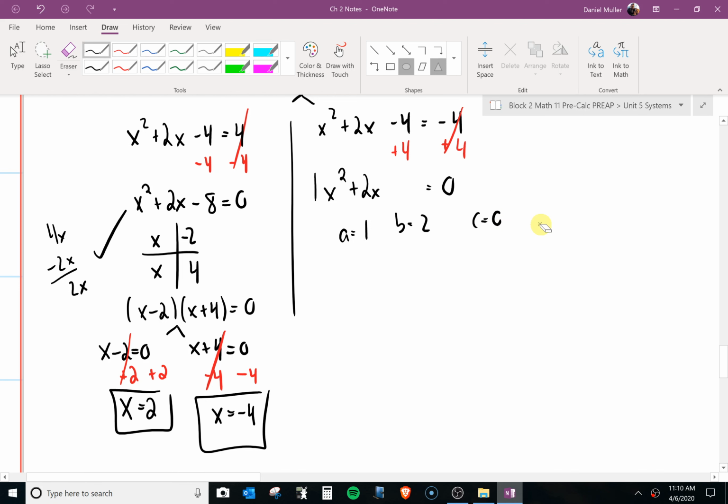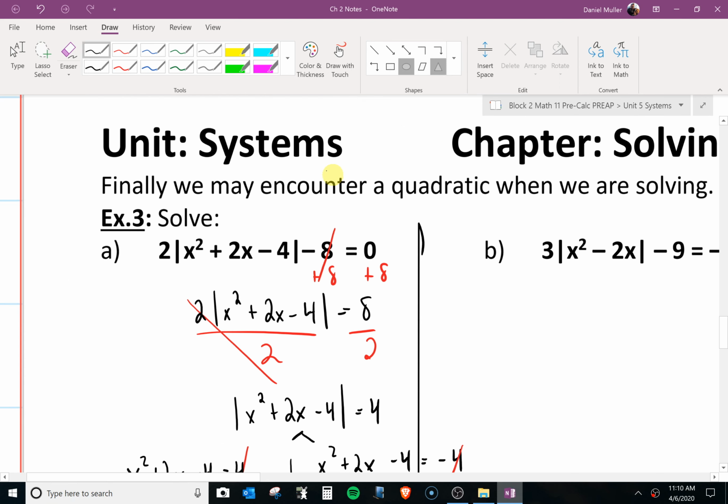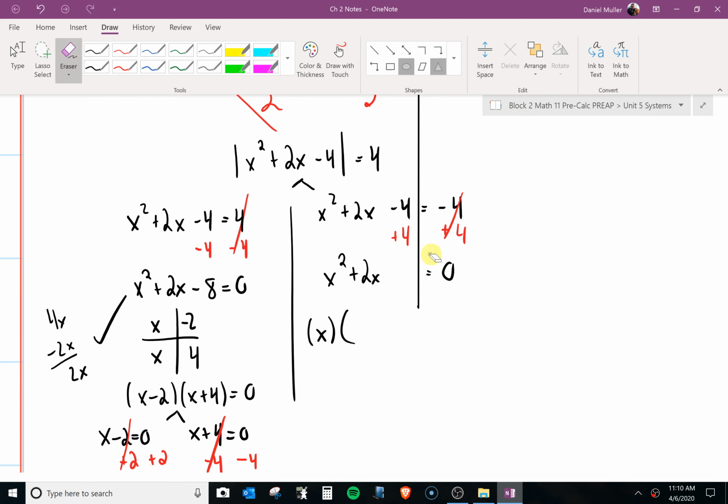And then you can use the quadratic formula. However, there is a sneaky move that you can do. Both of these have an x, so you can take an x out of both of them. So you can take an x out of here and out of here, throw it out in front. And if you take an x out of the first one, you're just left with another x. And if you take an x out of this one, you're just left with a 2.